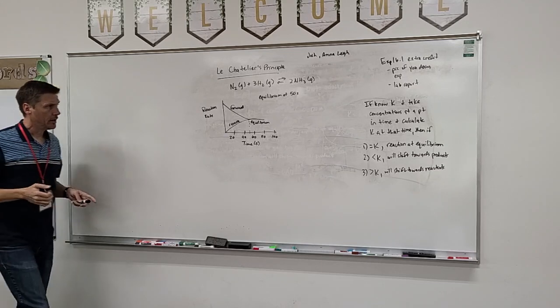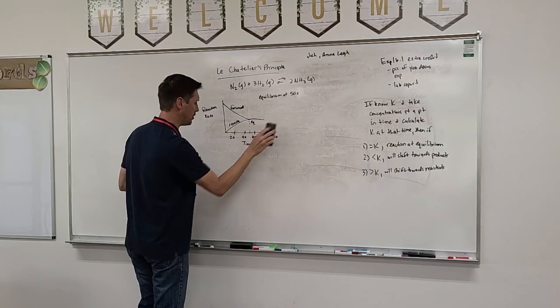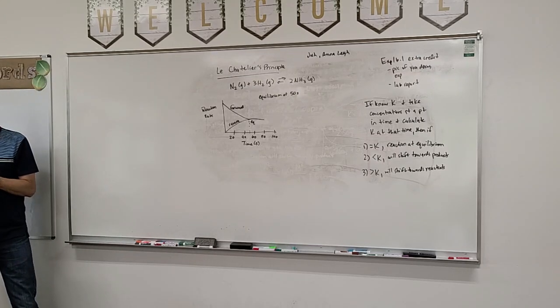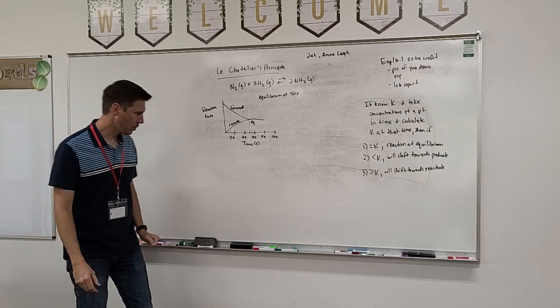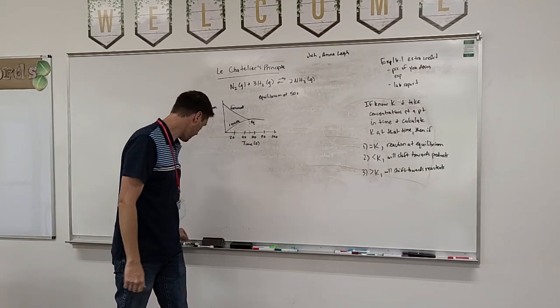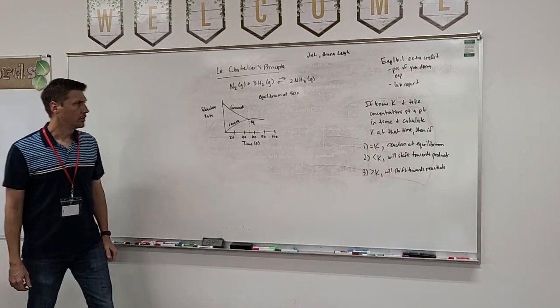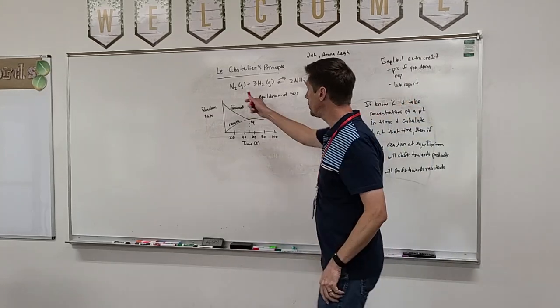But let's say, I need to make myself some more room, so I'm just going to write EQ there for that. Let's say at 80 seconds, we dump some more N2, some more nitrogen gas into the reaction. All right? So at 80 seconds, we added more N2.